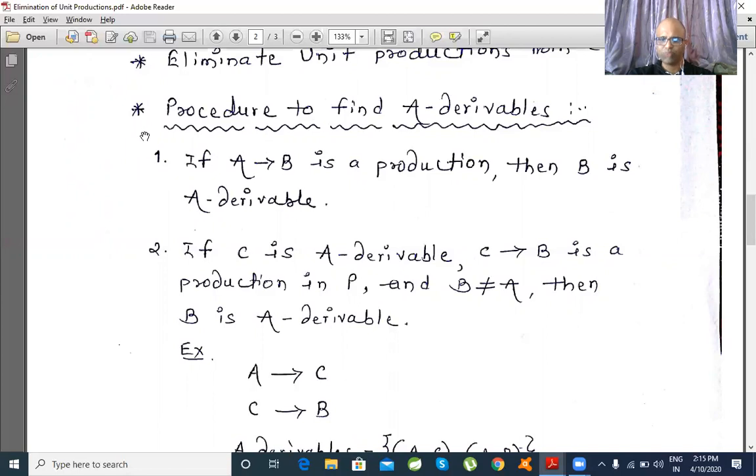And in step one, if A is producing B, is it a production? Then we say this condition as B is A derivable. Check out the next one.